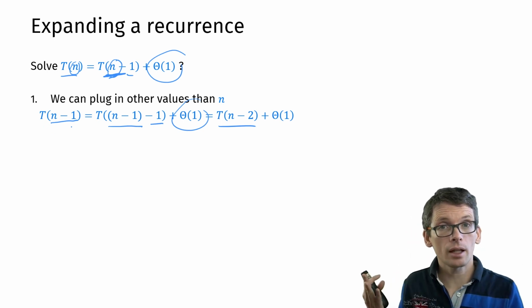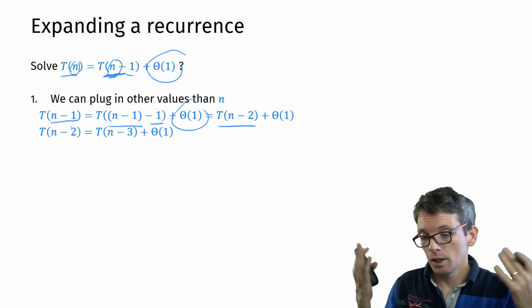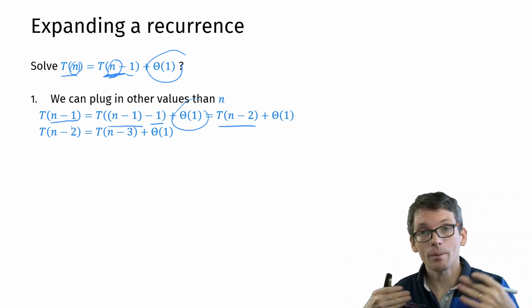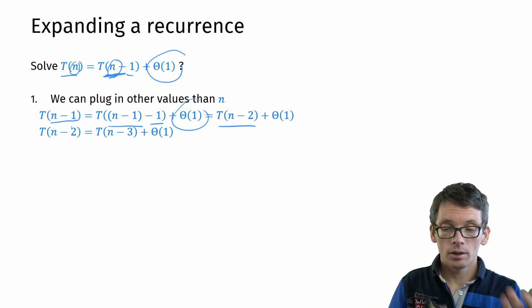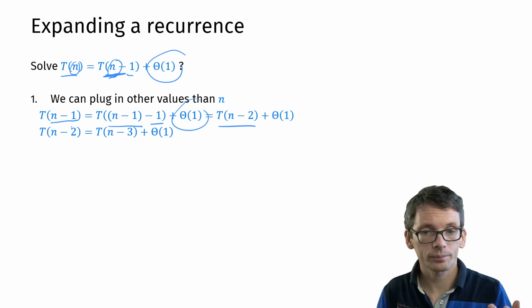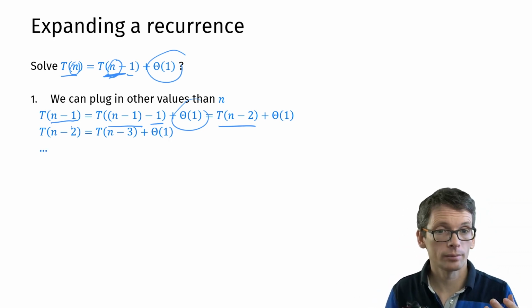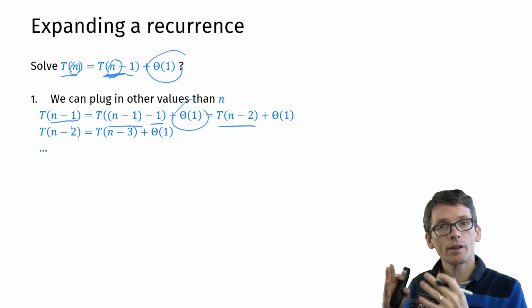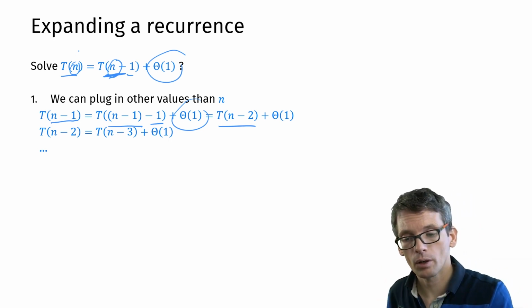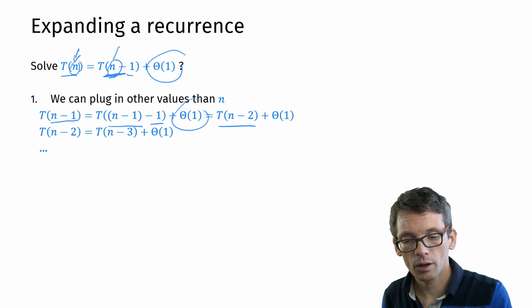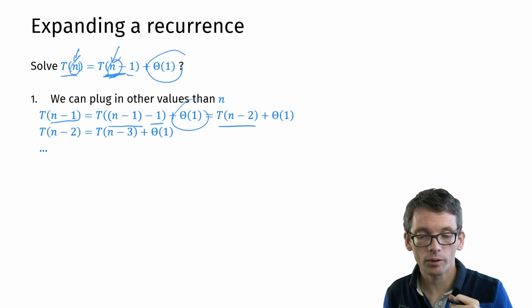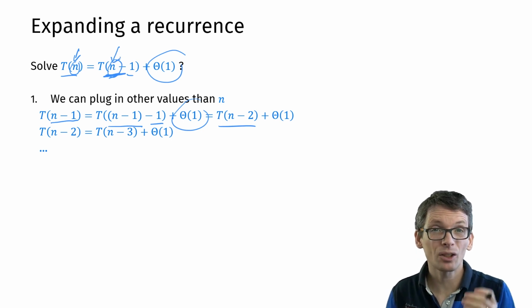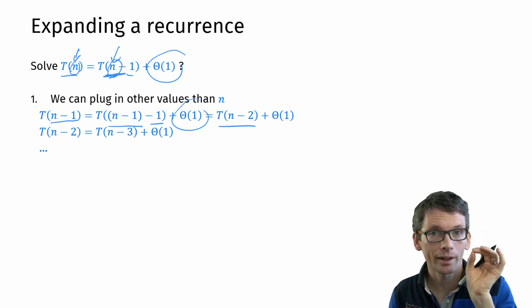And I can play the same game, assuming that n is large enough, with n minus 2. So T of n minus 2 is T of n minus 3 plus theta of 1. And so on. So I can plug in different values into the recurrence, and that will give me a different value on the right-hand side. I'm not restricted to using the recurrence simply on n.